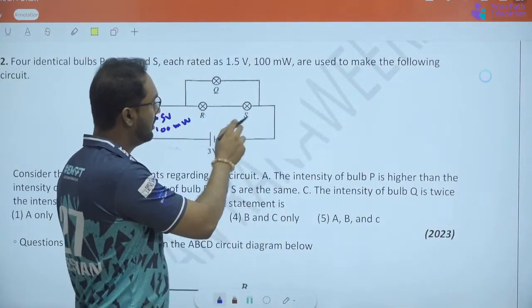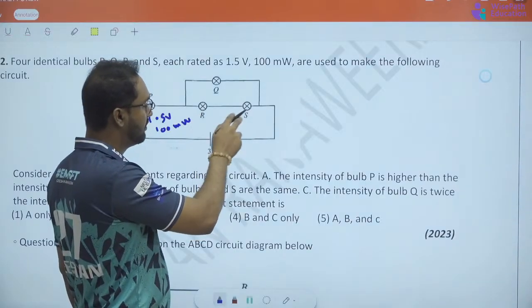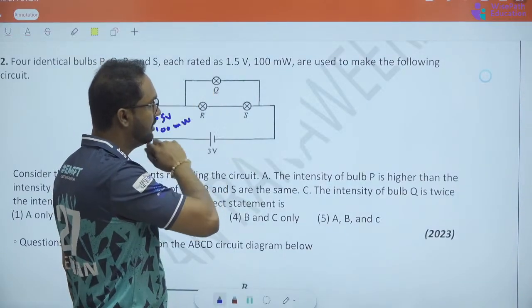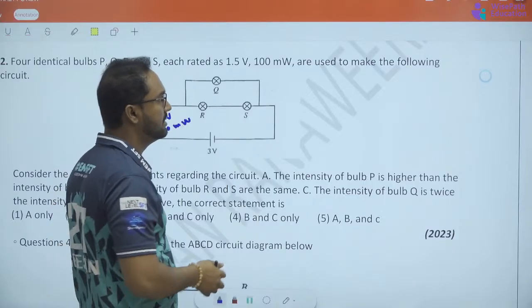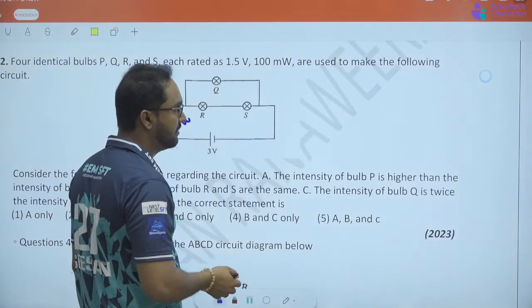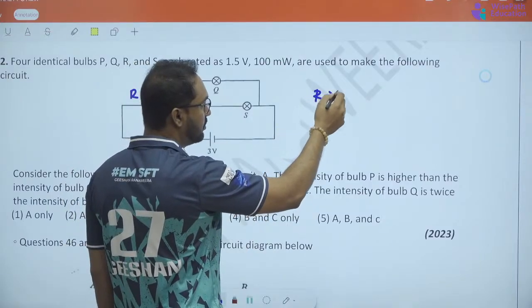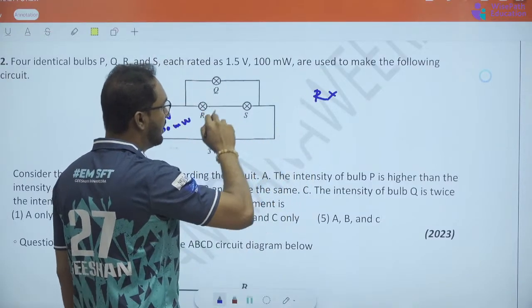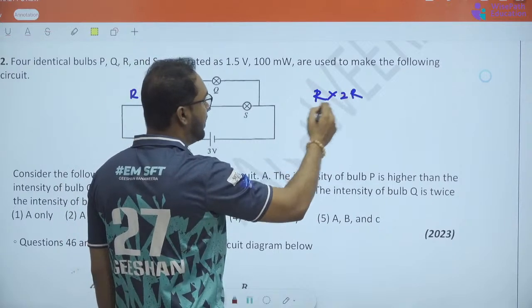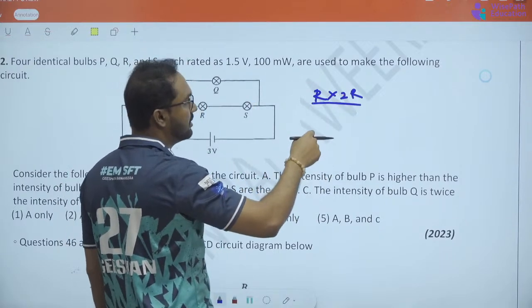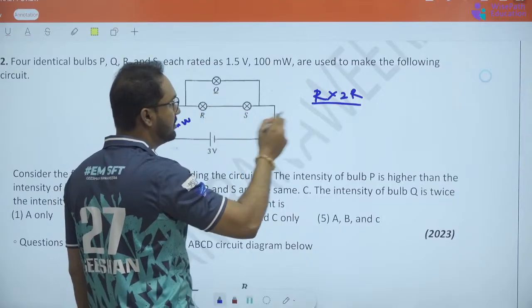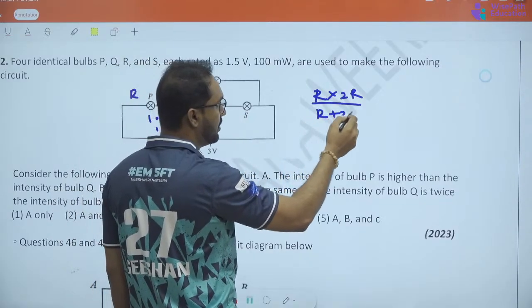Now these two are linear, so R plus R is 2R, and this is R. So if two resistances are parallel and different in values, we multiply the two resistances. This is R and this is 2R, and we divide it by the sum of the resistances, R plus 2R.